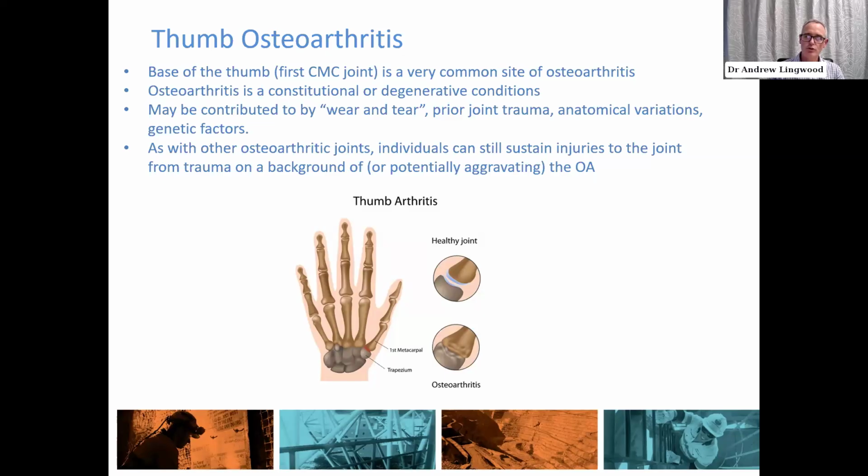Now, again, work will not have caused the osteoarthritis, but just like any other osteoarthritic joint, like an osteoarthritic knee or an osteoarthritic ankle, a person can still injure an osteoarthritic joint, and that is still a valid injury to that joint. You can have a soft tissue injury around a joint that has arthritis in it.